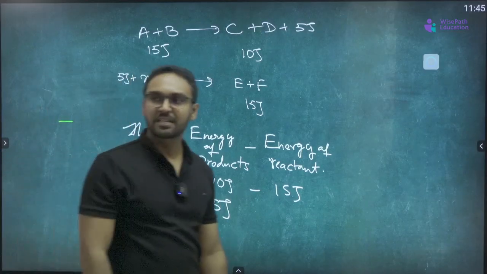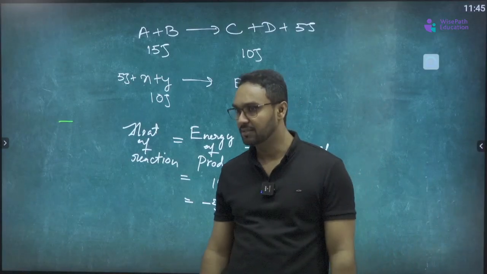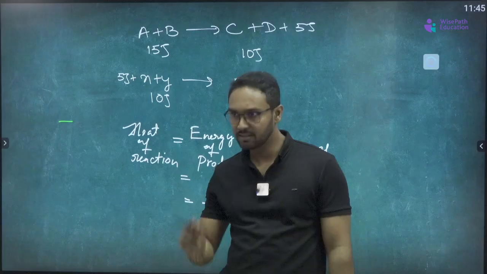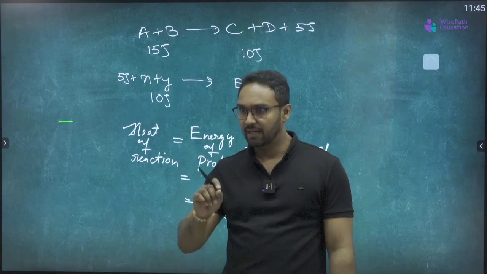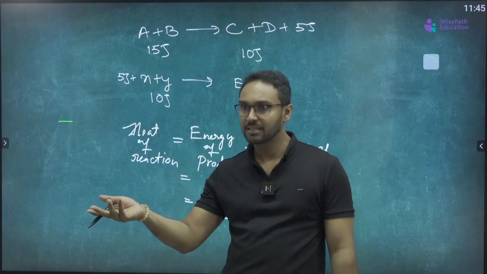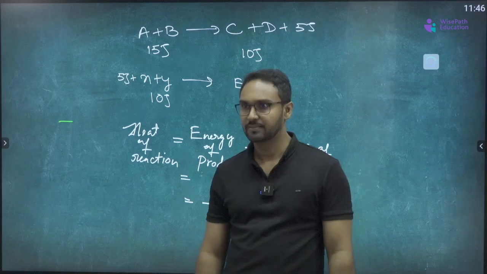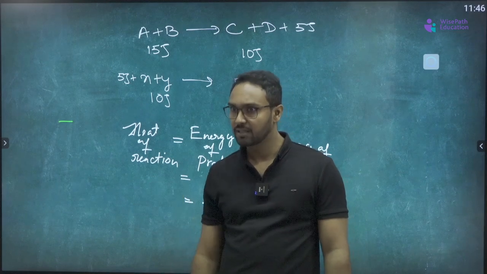So if the heat of reaction is minus, that means what? It's an exothermic reaction. That is one of the points to remember, right? If in any of the questions you get a minus energy, that is an exothermic reaction. That is a point to remember.